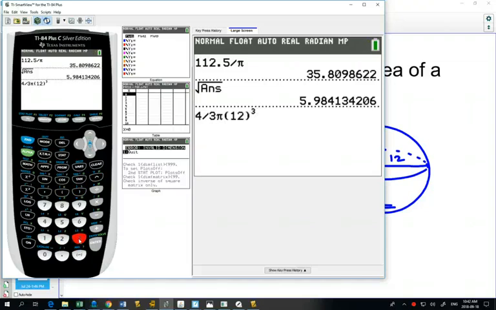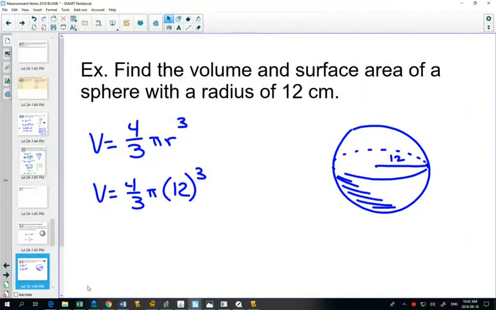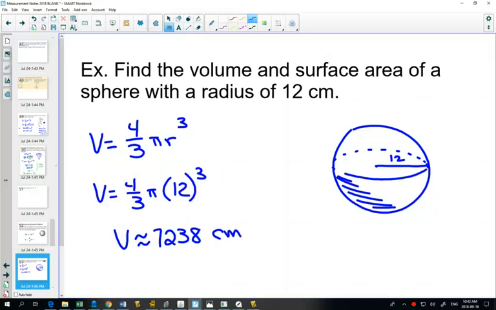So to do cubed, above your divide sign is a little hat button, which allows you to write an exponent. Push enter. 7,238. Since we're dealing with a volume here, it will be centimeters cubed. The units are very important.